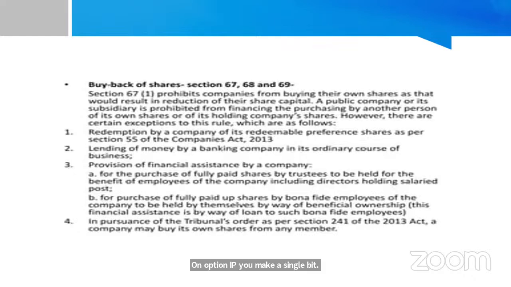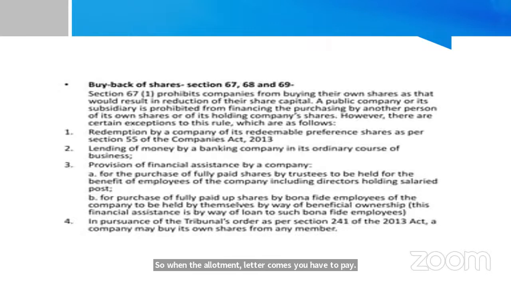ठीक है? आपका जब allotment हो जाएगा, पहले आप application money देते हैं. ठीक है? Supposing 10 रुपये उसका face value है, 2 रुपये application money हो गया. Application होने के बाद फिर और 3 रुपये वो लोग मांगेंगे allotment के लिए. So when the allotment letter comes, you have to pay. ठीक है?